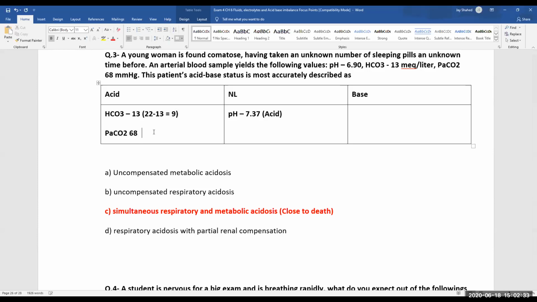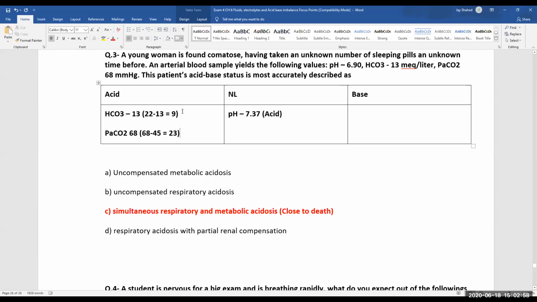All right, what is it? 45. So 68 minus 45 is 23. So this is bigger. So respiratory. Then the diagnosis would be respiratory acidosis.